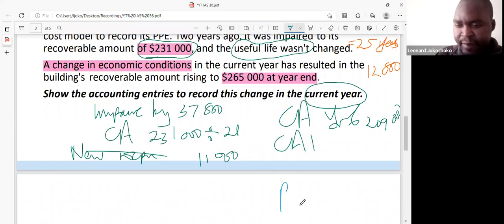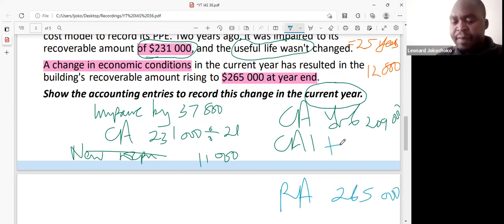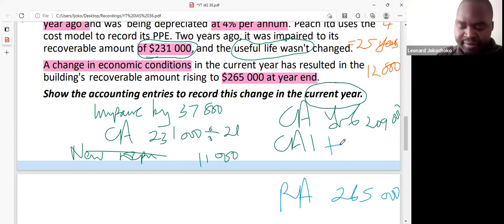So our recoverable amount here is now 265,000. We can see here that the carrying amount has been adjusted upwards by how much? 265 minus 209,000. This gives us 56,000 reversal of impairment.